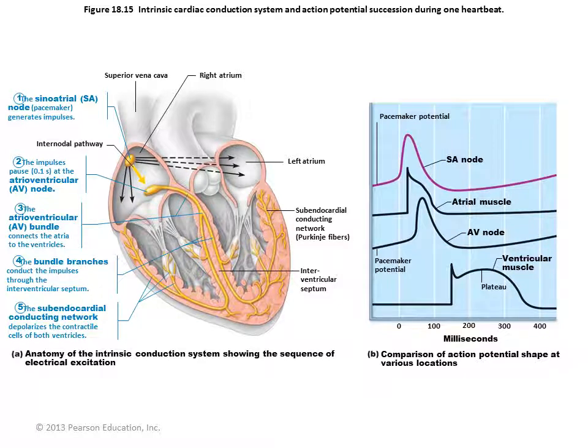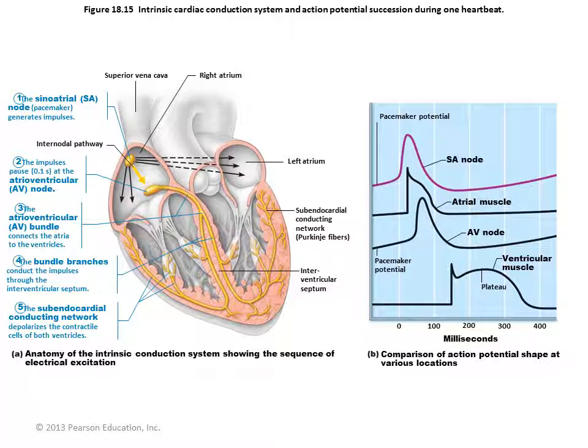Let's look at heart physiology. Sequence of excitation is shown. SA node, the pacemaker of the heart, is located in the right atrial wall and depolarizes faster than the rest of the myocardium, generating impulses 75 times a minute.